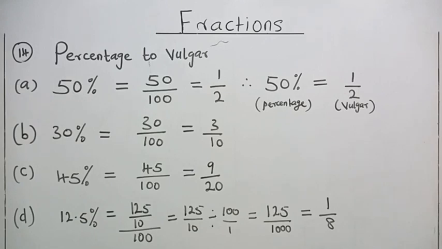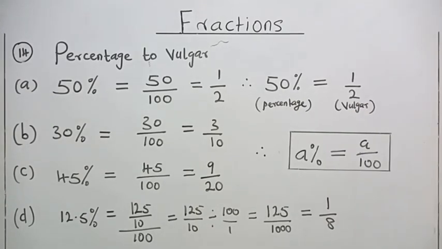As simple as it appears, we still have to recall the formula for doing that. Please join me as I write the formula for converting percentage to vulgar fraction. And now the formula is here. A percent. A refers to just any number at all.